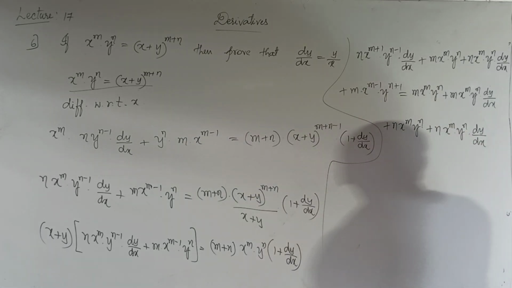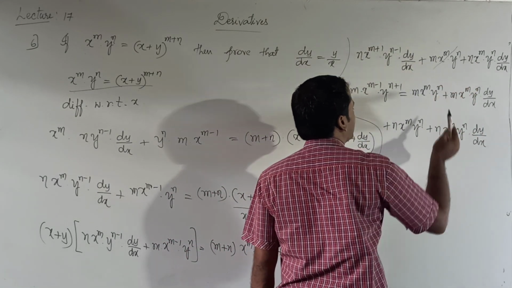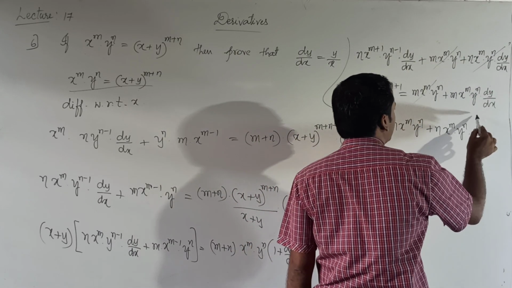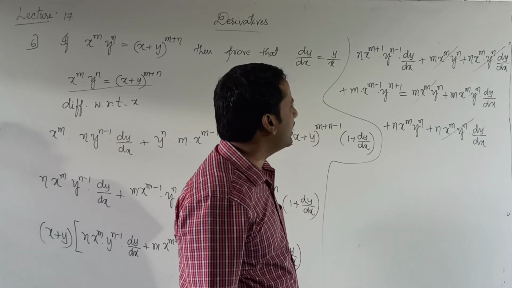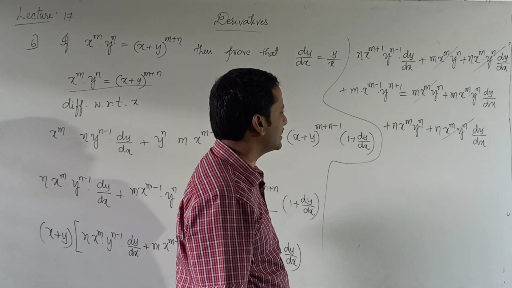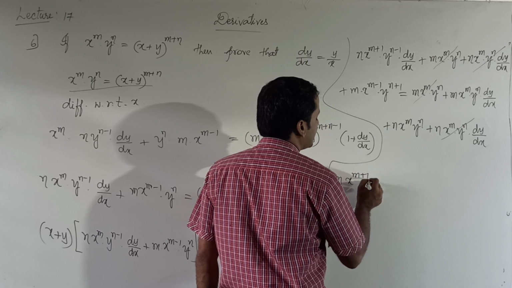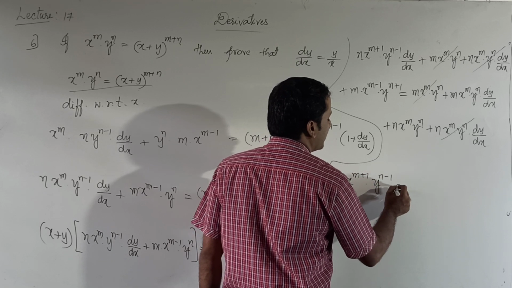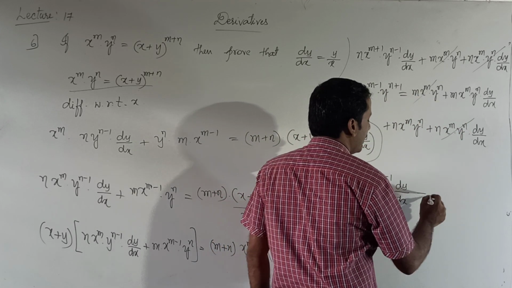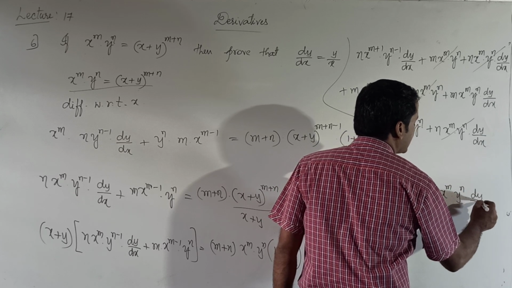Okay, see whether we can cancel any of these terms. m into x power m y power n gets cancelled. Similarly, n into x power m y power n dy by dx gets cancelled. Now take the terms containing dy by dx on one side and the remaining terms on the other side. So I am writing n into x power m plus 1 into y power n minus 1 dy by dx minus, I am bringing it to LHS, m into x power m y power n dy by dx.